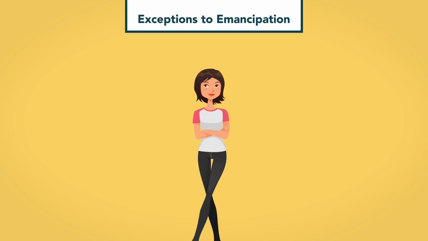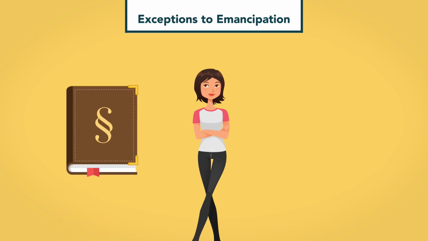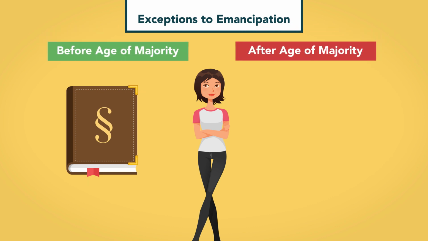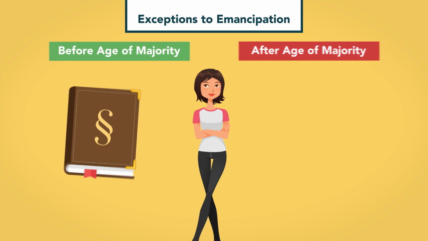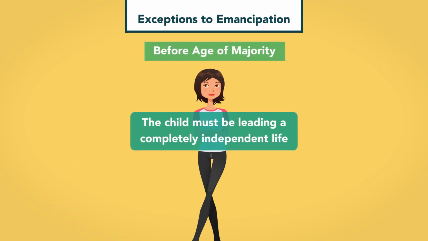Exceptions to emancipation. The statutory exceptions to emancipation at the age of majority are of 2 varieties, before or after the child reaches that age. To be emancipated before the statutory age of majority, the child must be leading a completely independent life.